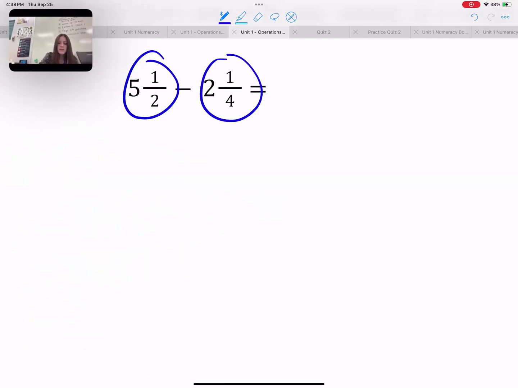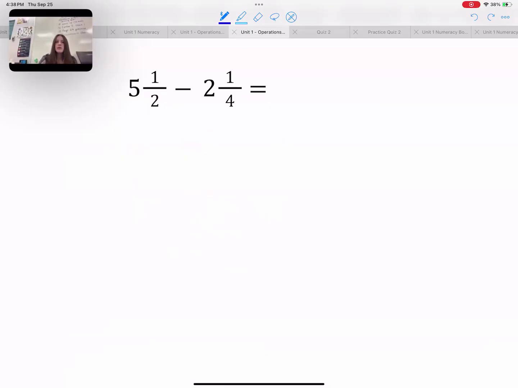So this is a mixed number and we want to add them together. So the way that I'm going to do this is I'm going to turn them into an improper fraction and then I'm going to solve it. You can actually put them over a common denominator before you convert it to an improper fraction.